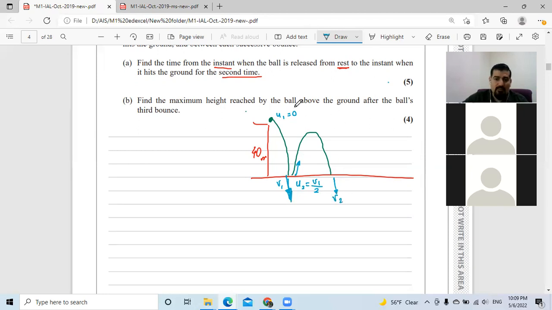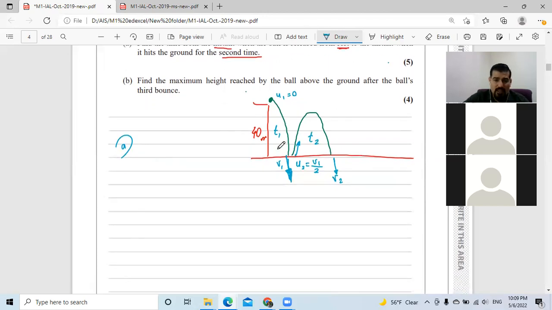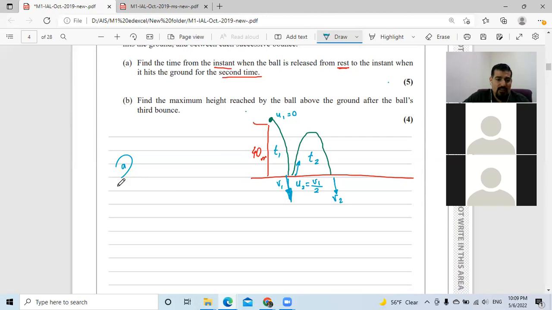Now, part A, what do they ask? The time t1, the falling time, plus the whole time to go up, rebound, and fall down to return back to the same level, t2, 5 marks. Now, in the first situation, S1, U1, V1, A1, T1: S1 is negative 40.